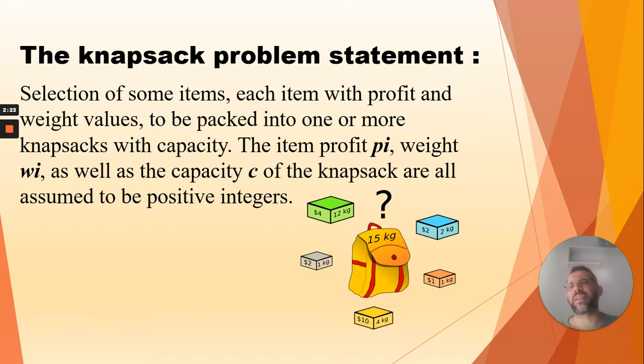This statement is general for all knapsack problems. In our case, in the 0-1 knapsack problem, we have some items. Each item has a value and a weight, and we have one knapsack with fixed capacity. All these values are positive integers.